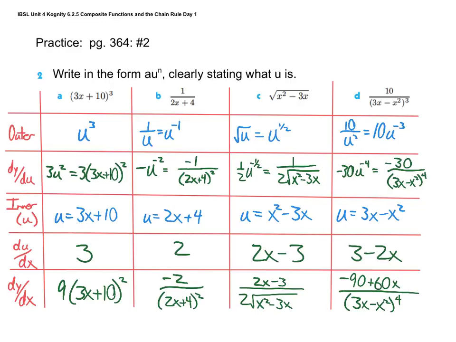Now, some people on this one asked, well, can I just leave this as a negative 30 parentheses 3 minus 2x in the numerator? You can, okay? If you prefer to make that a negative 30 times 3 minus 2x, because we know there's not going to be any like terms that we could combine here, there's no other way we could simplify it.